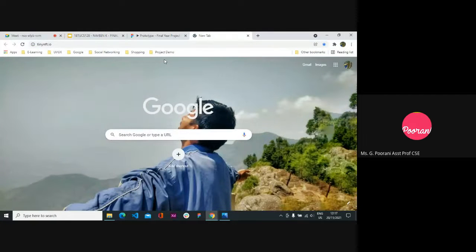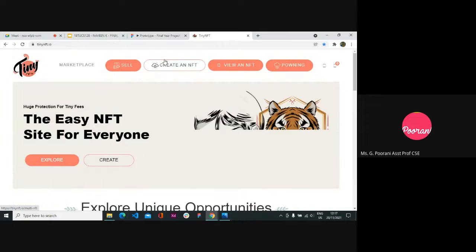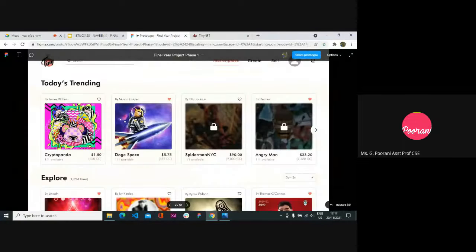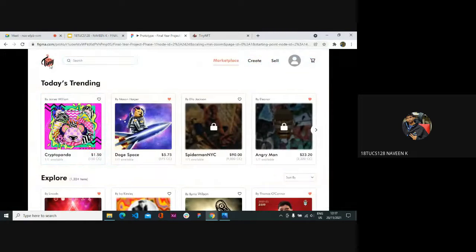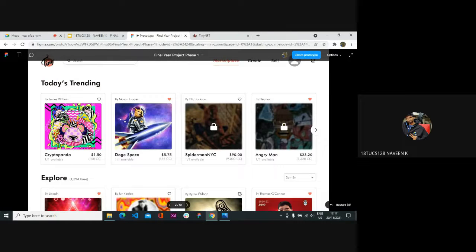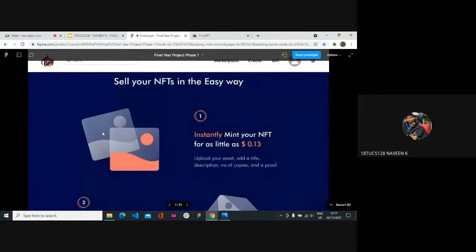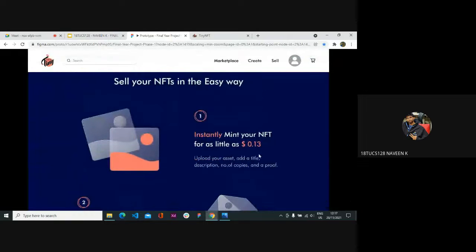So how useful will this be? What is the advantage of your project? Yes, ma'am. You can instantly mint your NFT at a lower cost. In other websites, we call it the gas cost.